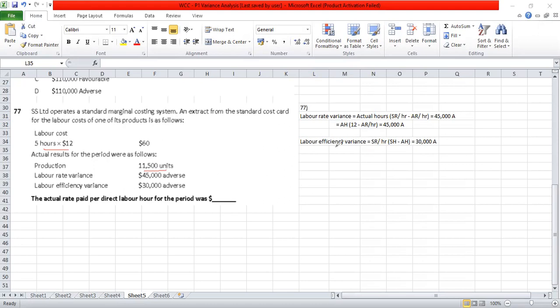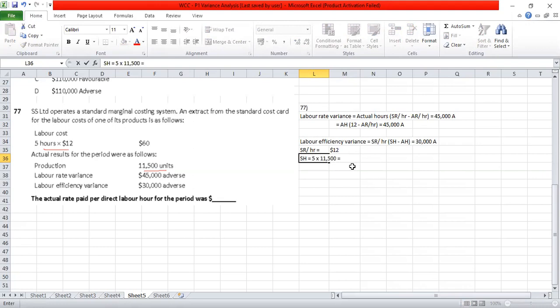Let's present it. Standard rate per hour is equal to just $12. Then we have standard hours. Every unit takes 5 hours, so 5 into the actual production of 11,500.